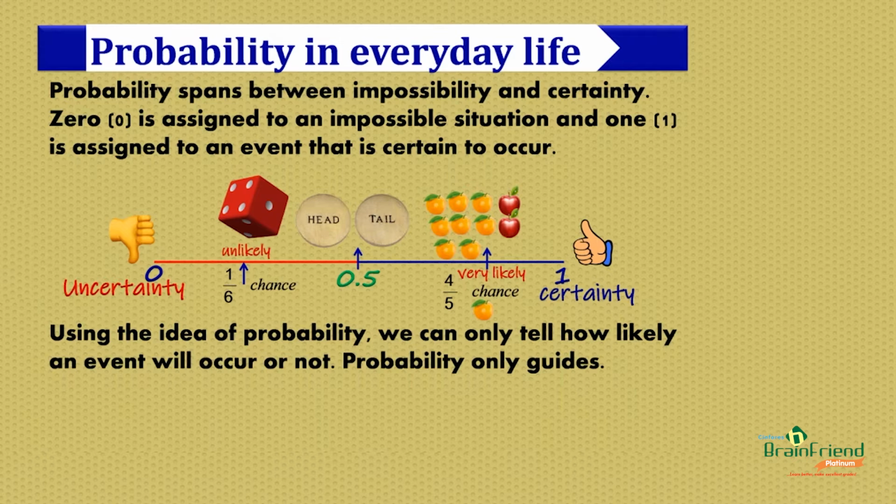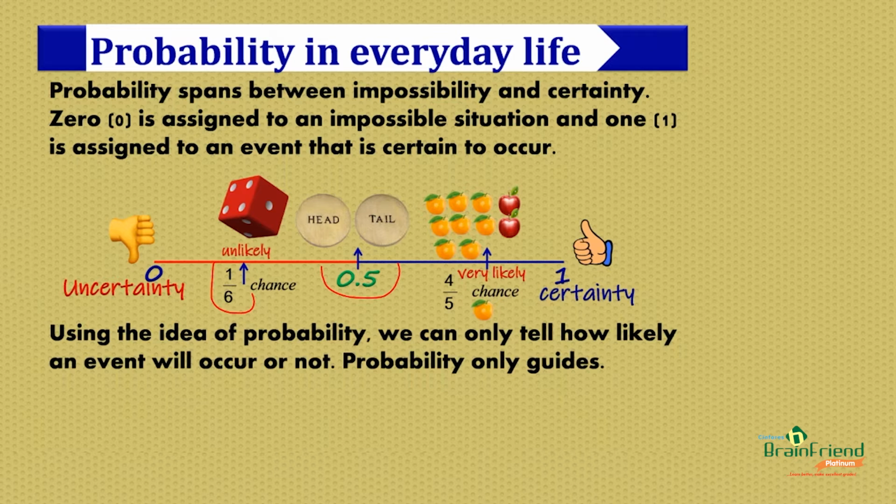Now, the likelihood of getting any of the numbers on a dice is 1 out of 6. That is an unlikely event. We can't tell exactly what we might likely have. And then the chances of having a head or a tail when we toss a coin is 1 over 2. And that can be given as 0.5.